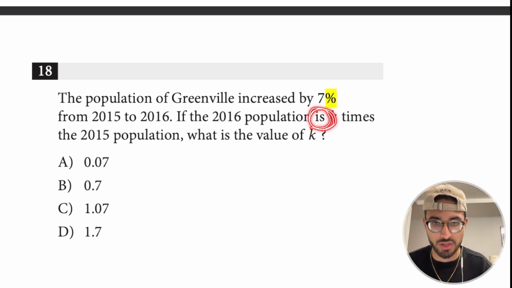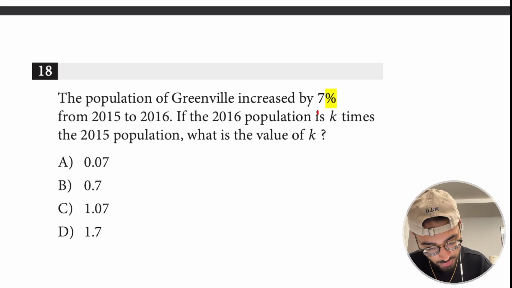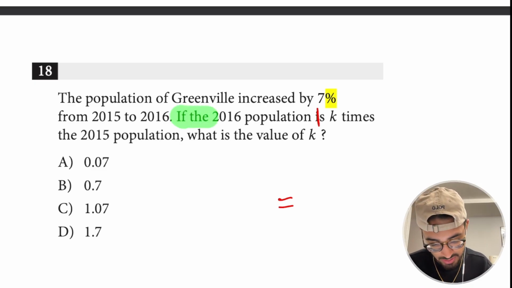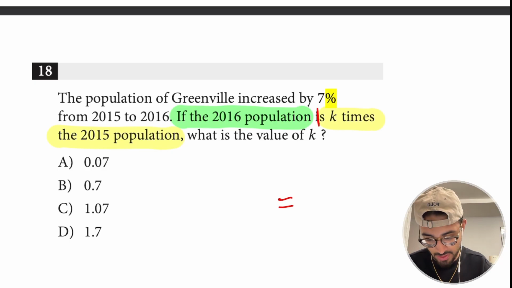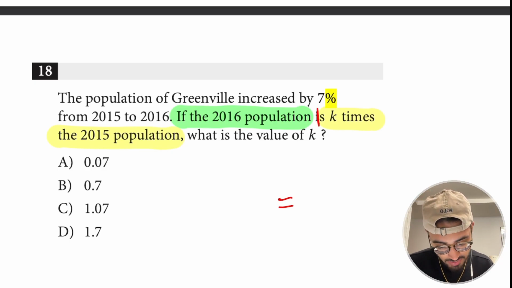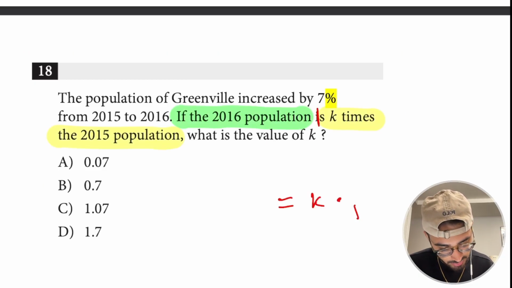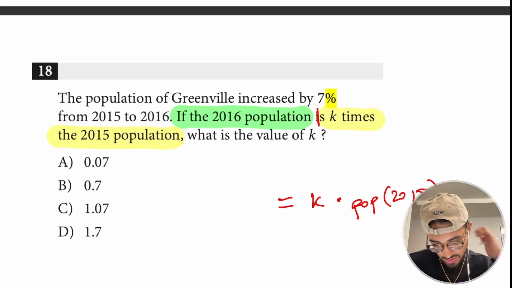I found "is," okay? So that means I'm going to actually draw a line here, and over here is basically the split of the left and the right side. This is going to be the left, and this is going to be the right. So this is going to be K times the population of 2015, and on the right side the 2016 population.